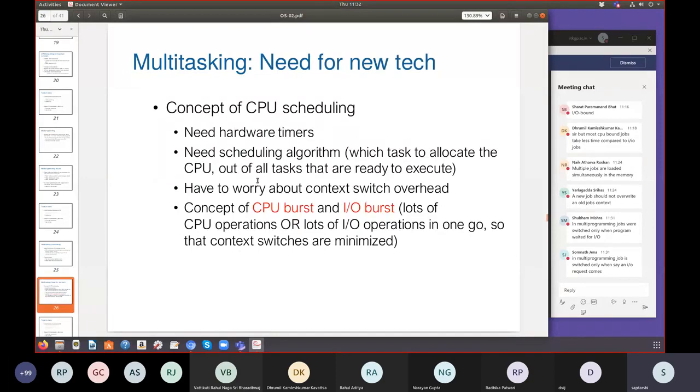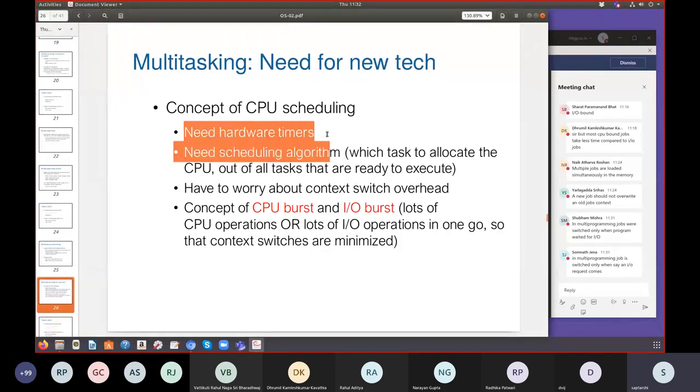Some of the costs are mentioned in this next slide. So what does it need to have this concept of CPU scheduling like this, time sharing? First, you need hardware timers. As I said, let's say that there are 100 jobs, so every second will be divided into 100 units. So someone should keep track of this.